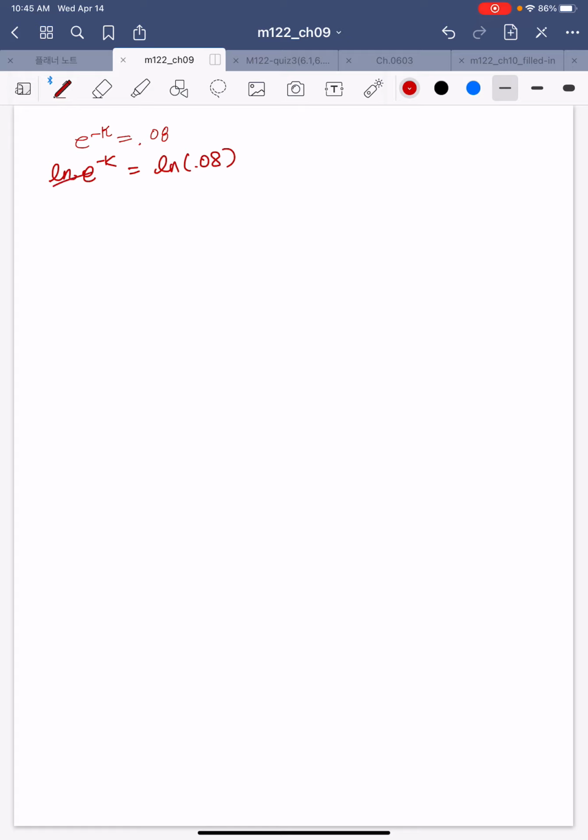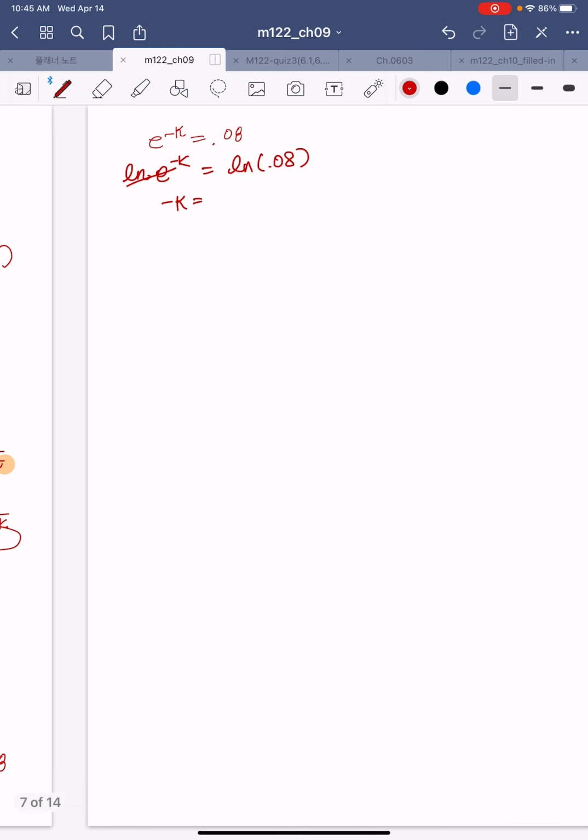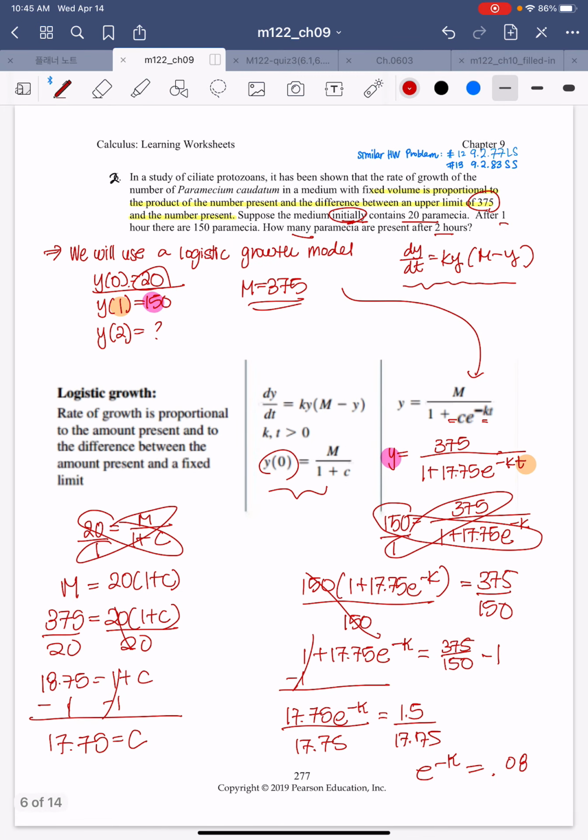So negative k is equal to ln of 0.08. Sorry, I rounded, my mistake.